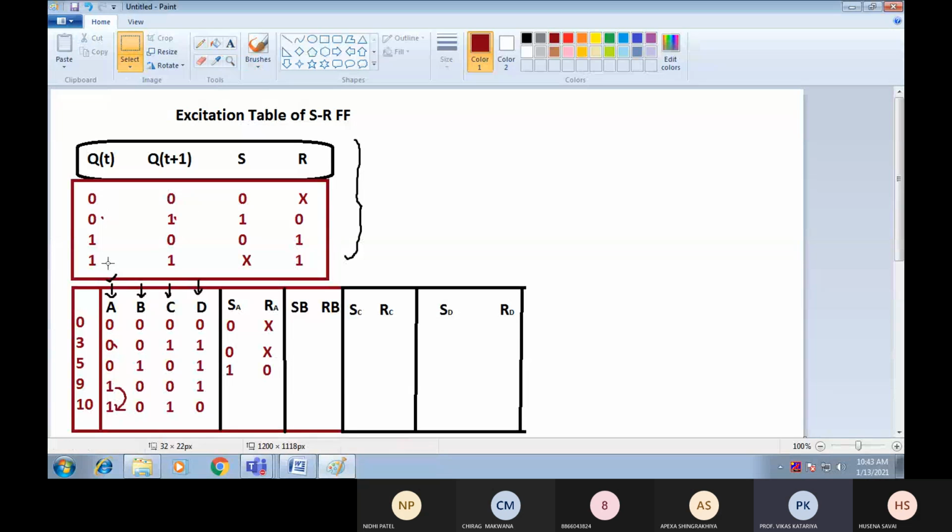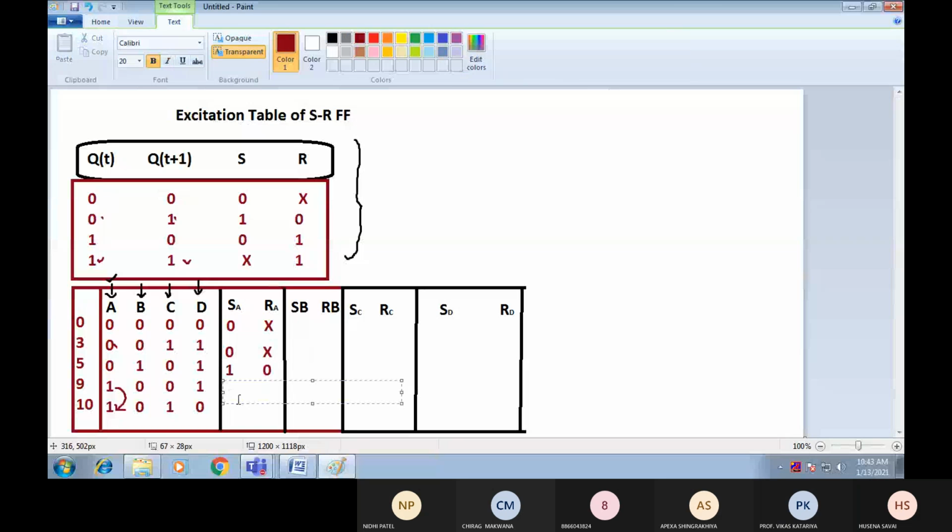Present state is 1, next state is 1. So for this the value in SR flip-flop should be, so make it here cross, that is don't care condition, and 1.